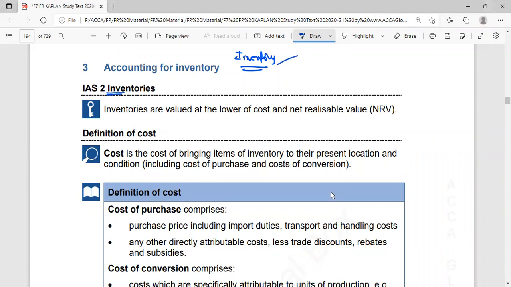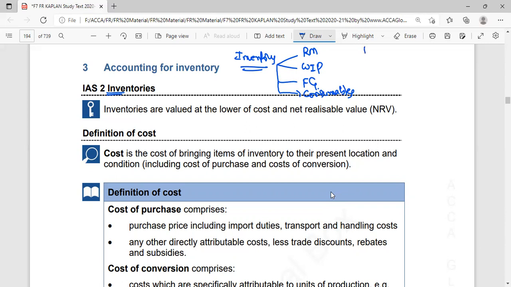Simply said, it includes raw material, which is goods purchased for production of the finished product; work in progress, which remains in the process of production; finished goods, which are produced out of the process of production; and consumables, which are consumed in the process of production. These are all covered under the definition of inventory.